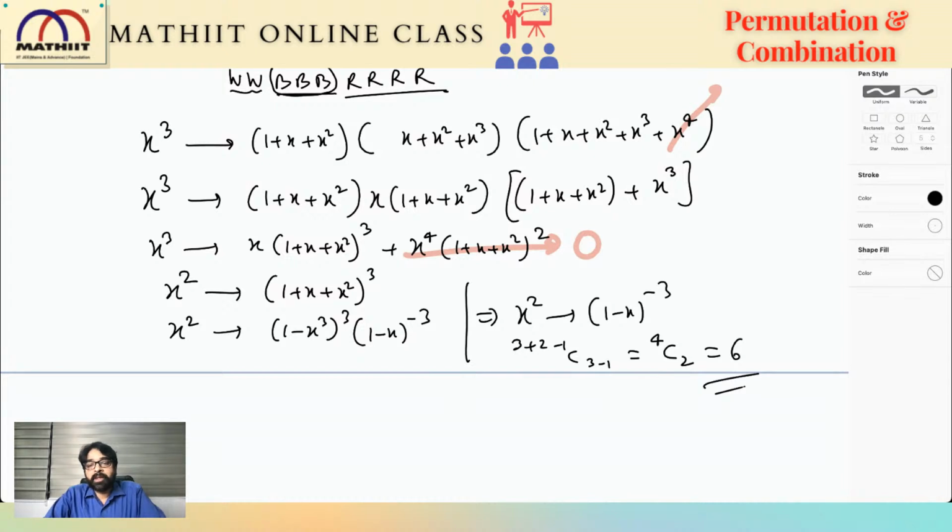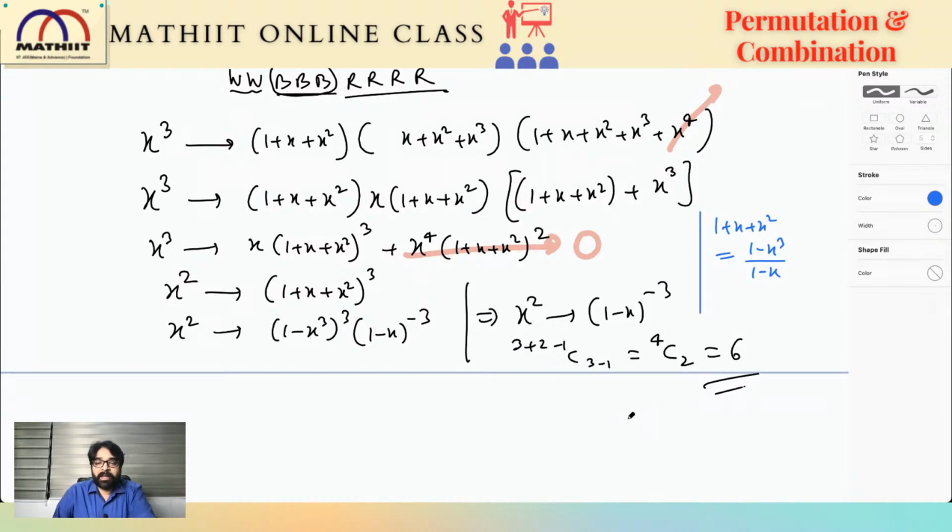Last point, somebody did not understand. Last line means, see, I wanted x cube here. I guess you're talking about this case. So this is 1 plus x square, which I can write as (1 minus x cube) by (1 minus x), and the whole cube will become this.